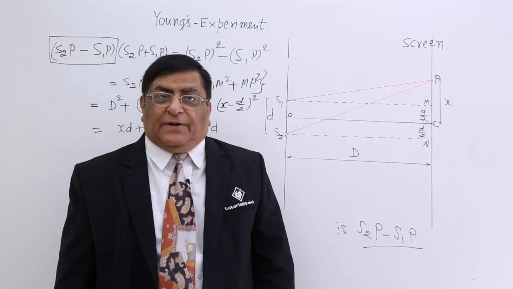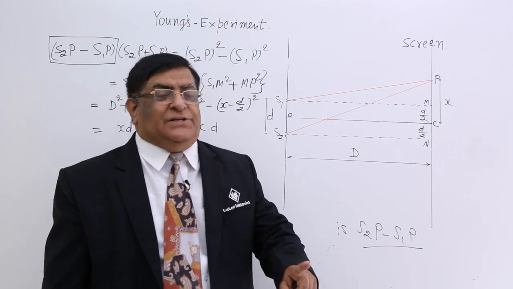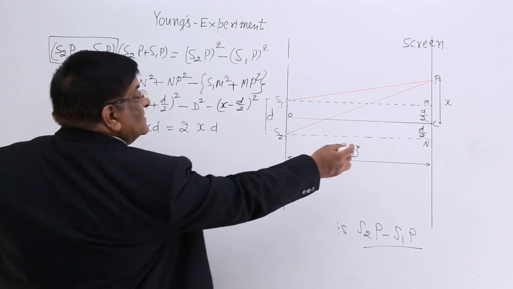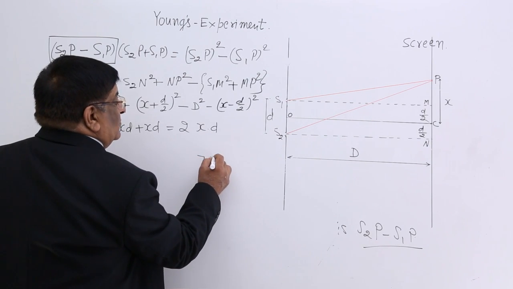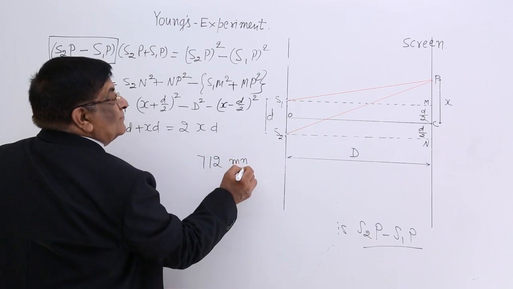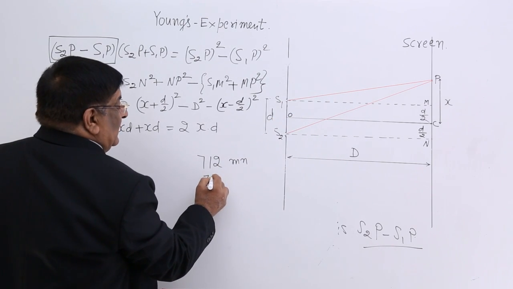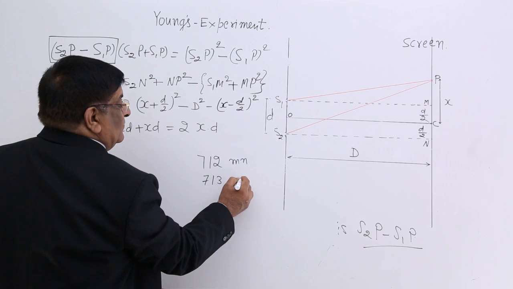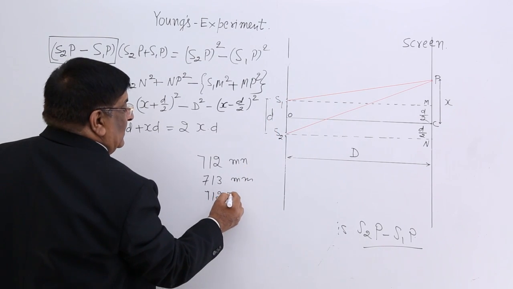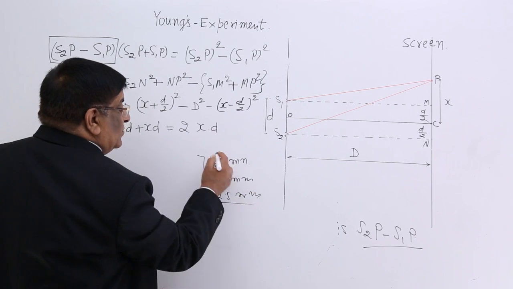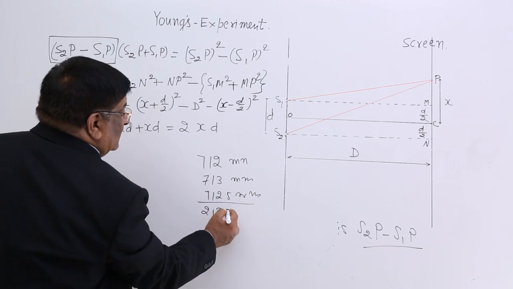When it comes to difference it will matter, but when it comes to addition, like if this distance is equal to say 712 millimeter, this distance is 713 millimeter, and this distance is 712.5 millimeter, if you do the addition, then it will be 2138.